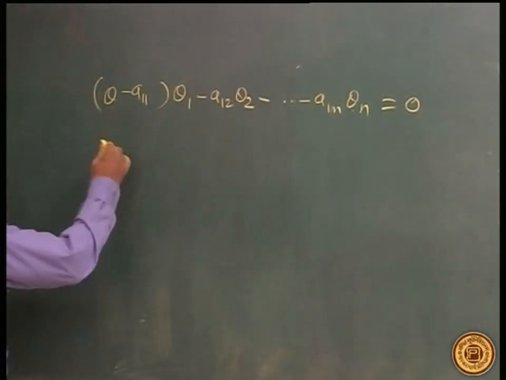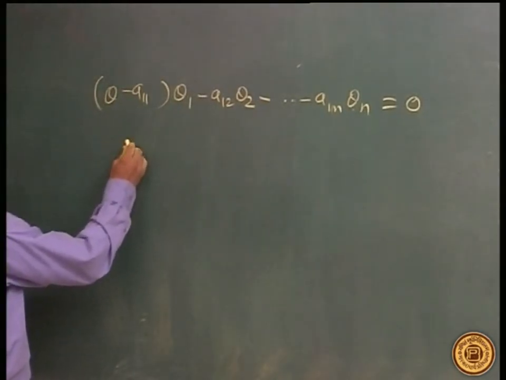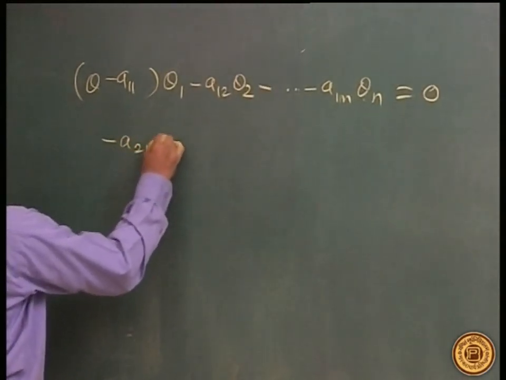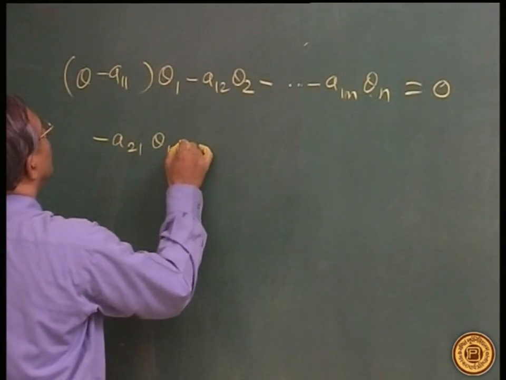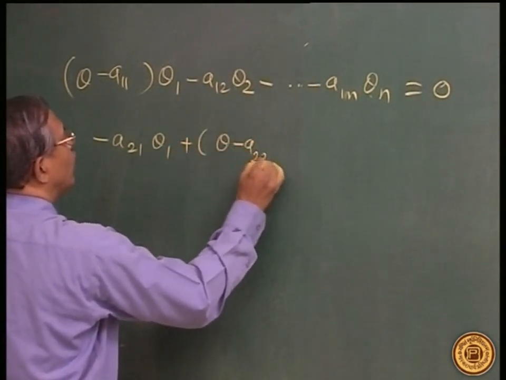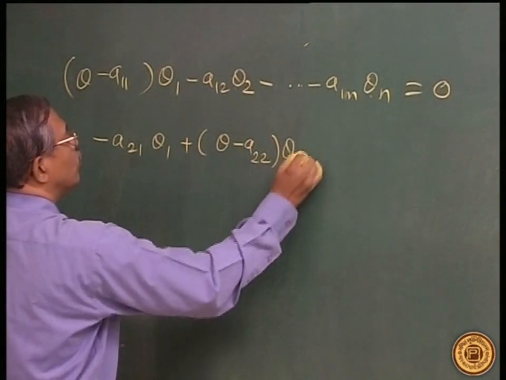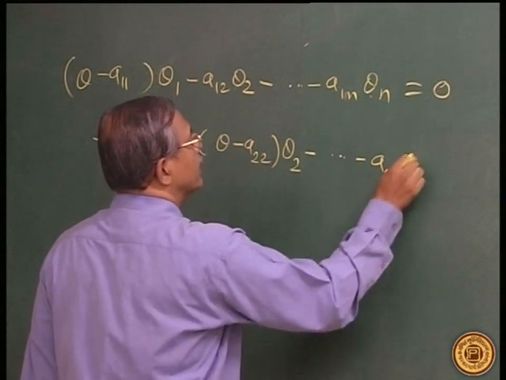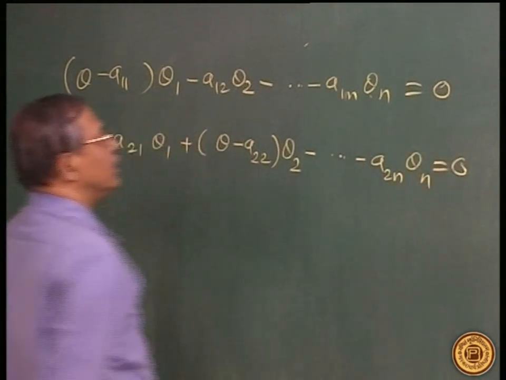Similarly, second equation you can get minus a21 theta 1 plus theta minus a22 theta 2 minus etc. minus a2n theta n equal to 0.